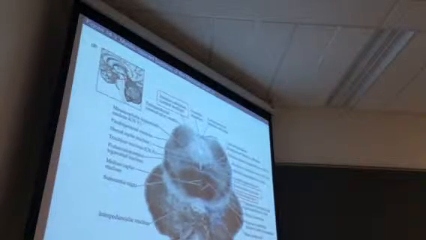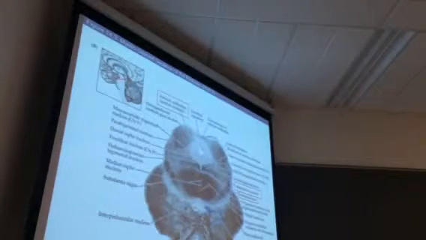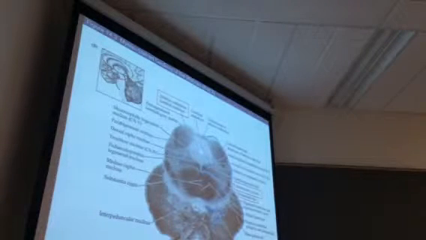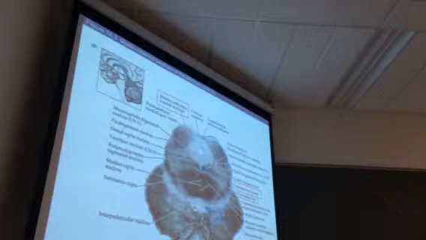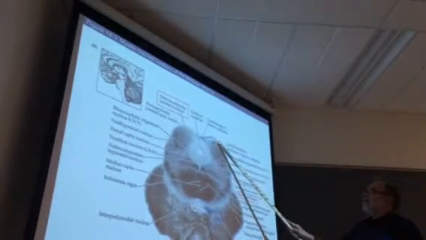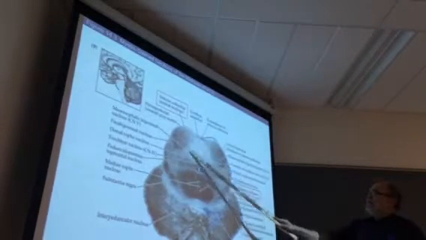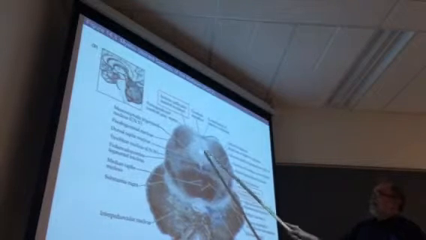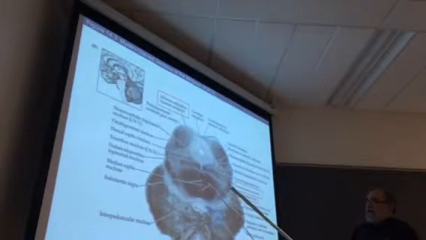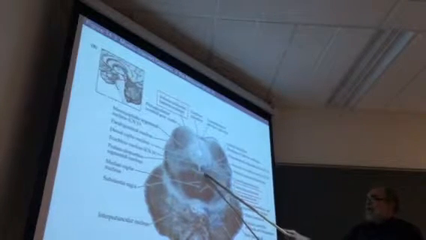Okay? So, as you look at this figure, once again, draw it out. Start with, up here, I've got the inferior colliculi. I've got the paraqueductal gray, the aqueduct, sitting just below the paraqueductal gray here.